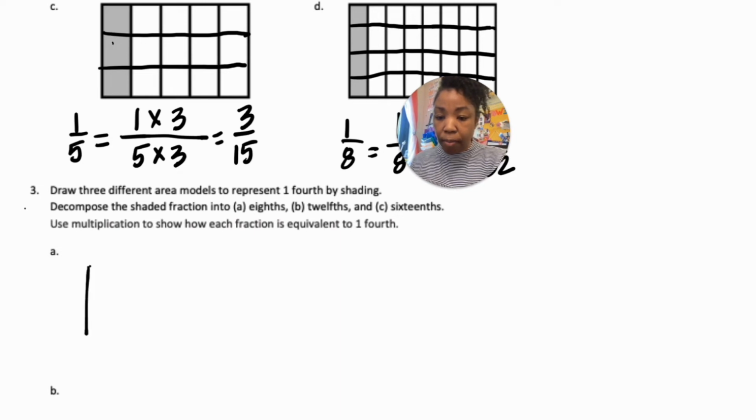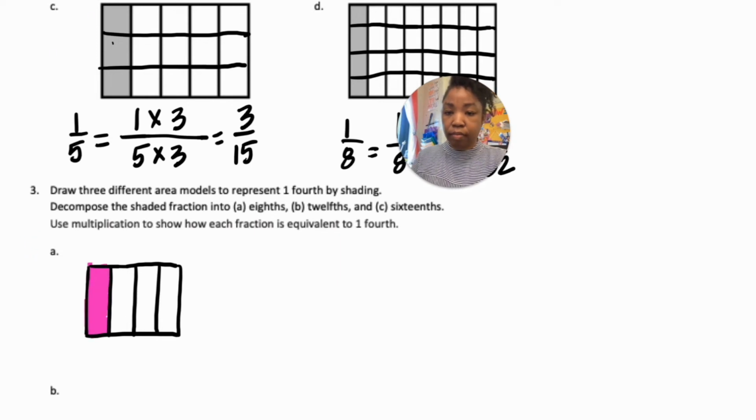So I'm going to start with 1/4. We have 1/4 here. They want us to decompose 1/4 into eighths.